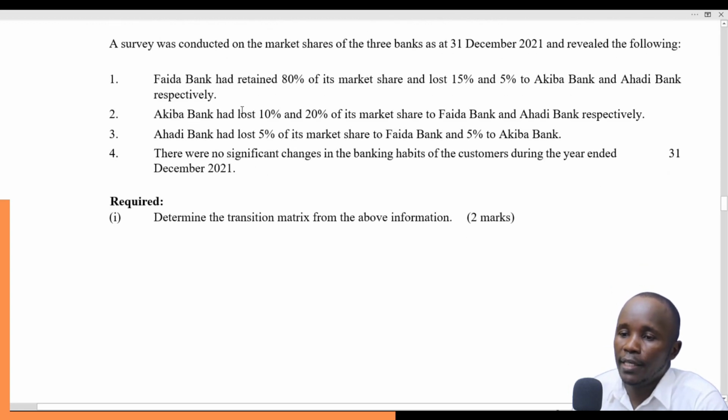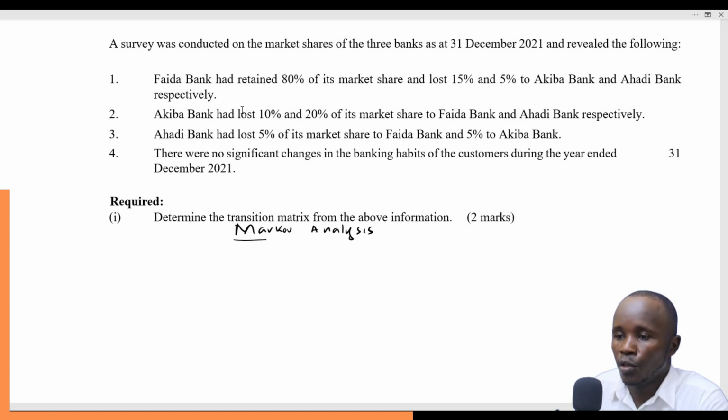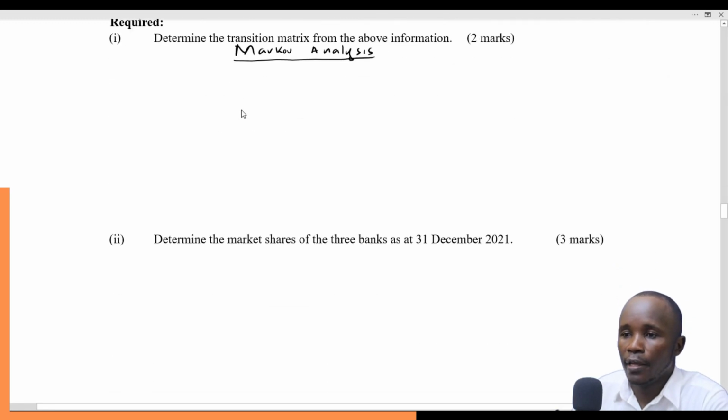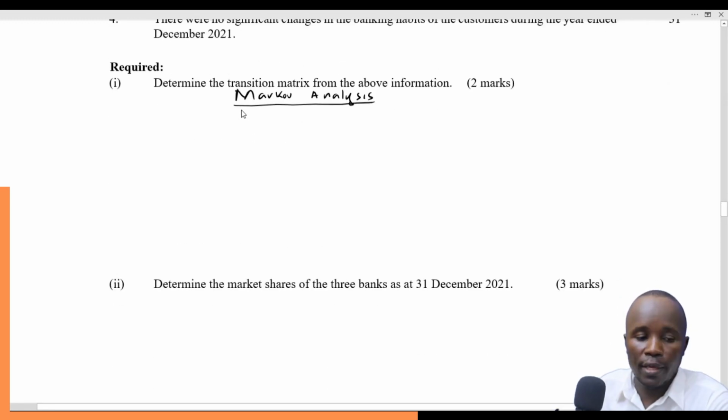There were no significant changes in the banking habits of the consumer during the year ended December 2021. Required: determine the transition matrix from the above information. These kinds of questions are in Markov analysis. When you find this kind of question, as we had discussed, they belong to Markov analysis. So here we need to know who are the users and who are the producers.